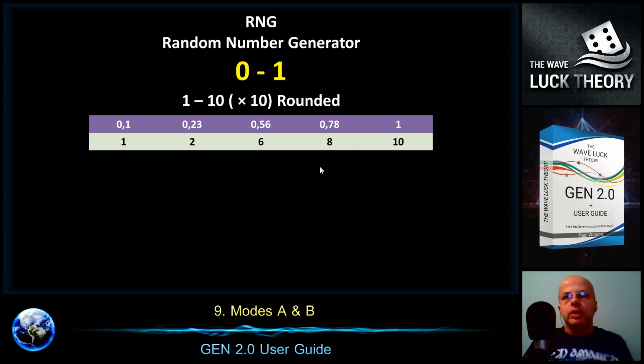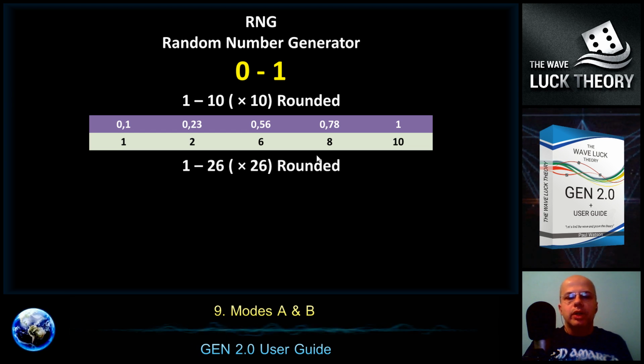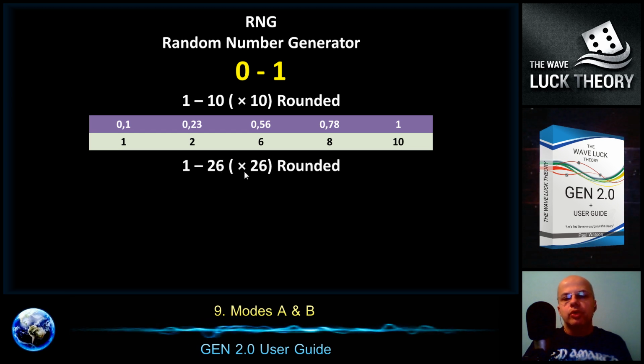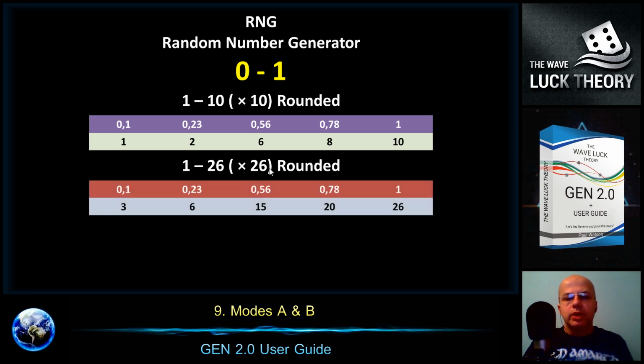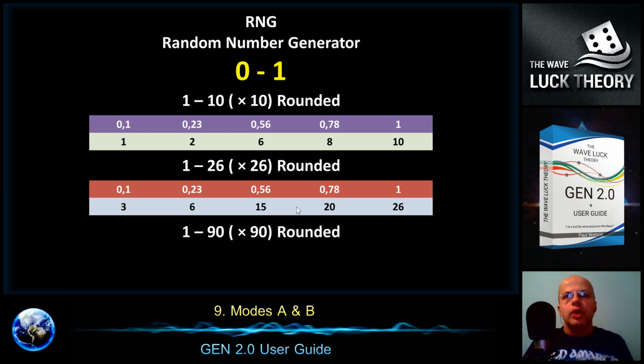If we need another range like from 1 to 26, we will multiply it by 26 and round it. Then in case of same generated numbers in range from 0 to 1, we have different real values like 3, 15, 26. And finally, if we want to have range, for example, from 1 to 90 for the bigger lotteries, then we will multiply it simply by 90 and round it.